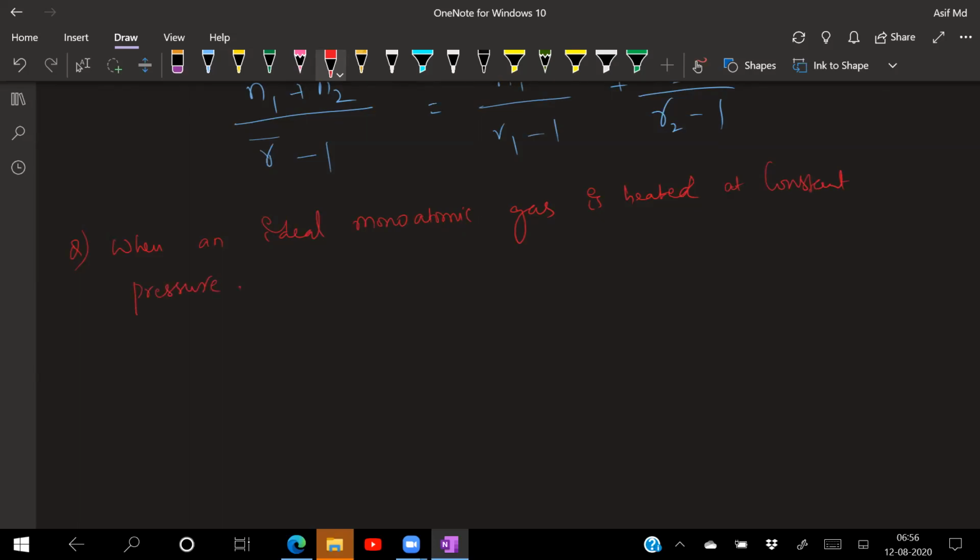find number 8, fraction of heat energy which increases the internal energy.